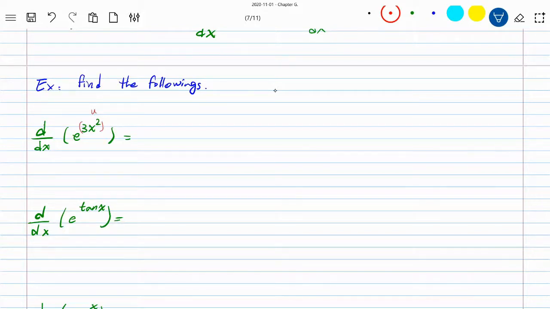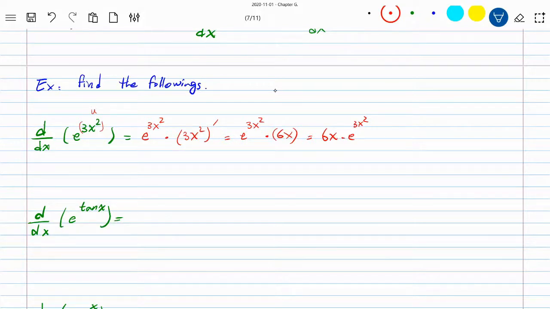So what would be the derivative? e to the 3x squared multiplied by the derivative of 3x squared, which is e to the 3x squared multiplied by 6x. And that's it. Normally, I would prefer to write the 6x in the front. This way you do not mix up the exponents and the coefficients. So this is the derivative of e to the 3x squared.